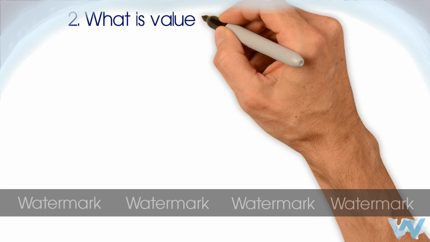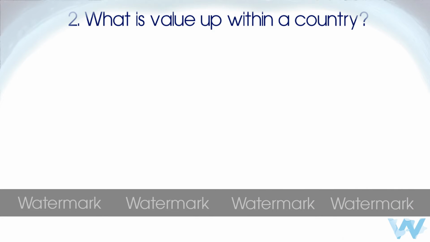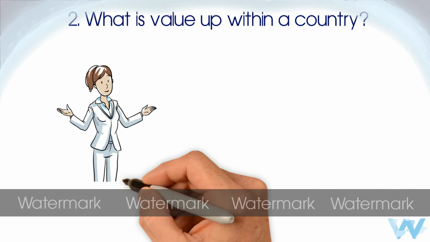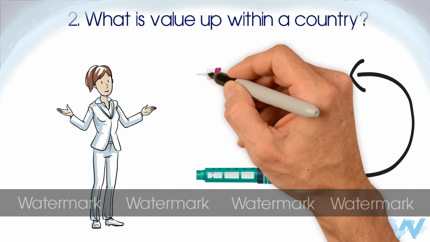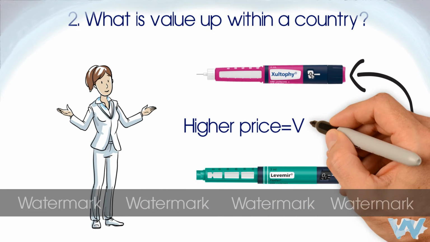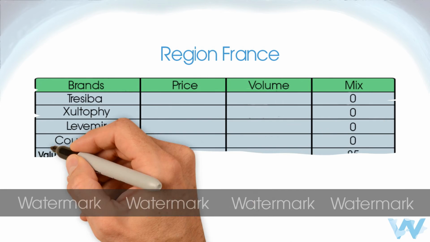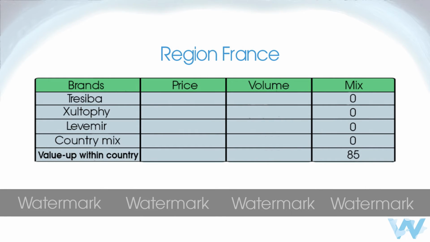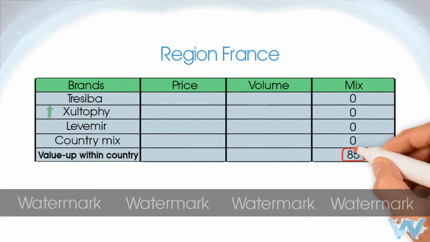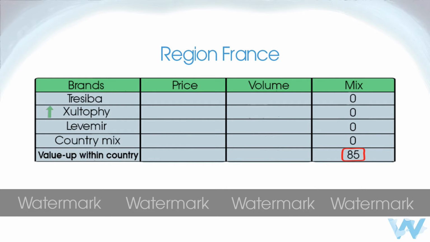2. What is value up within a country? Value up within a country is the impact related to shifting patients to products with higher price, a value upgrade. For example, if we look at France, the value up for basal insulin is driven by the launch of Zoltify, which has a higher price than other basal products and thereby represents a value upgrade in the segment.